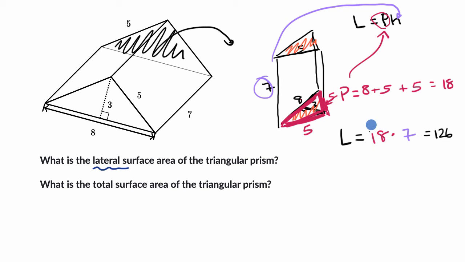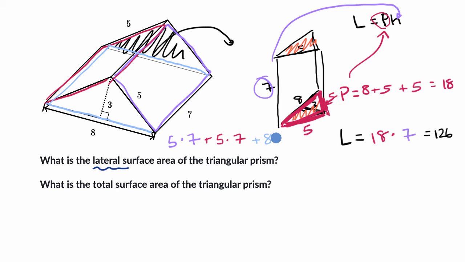Now, another way you could think about this is if we did each panel by themselves. Maybe you do this panel, and that area is going to be 5 times 7. And then you would do this panel over here, which is also going to be 5 times 7. And then you would do this big panel down here, which is 8 times 7.